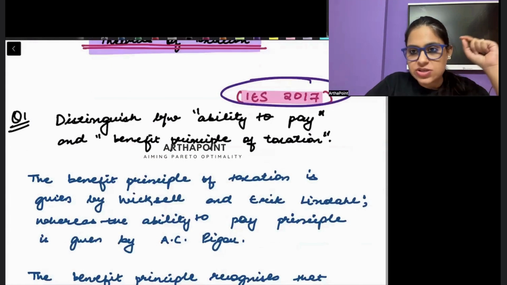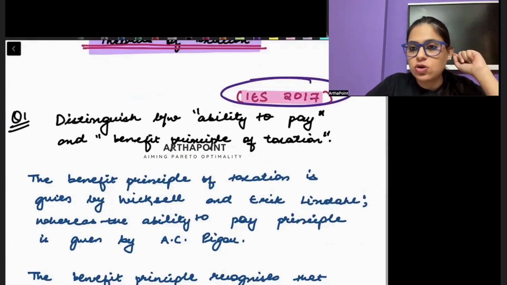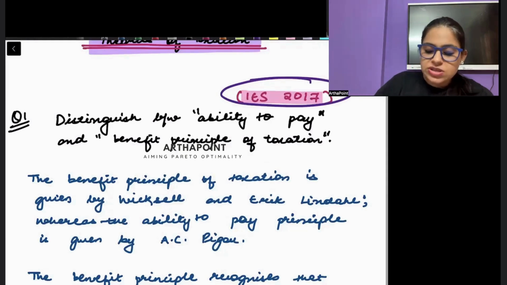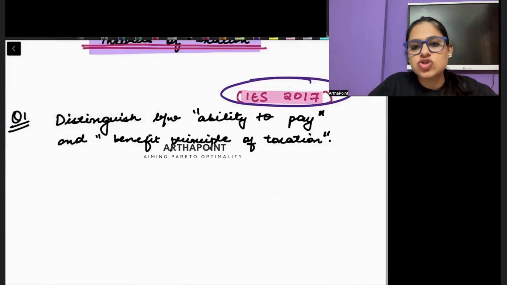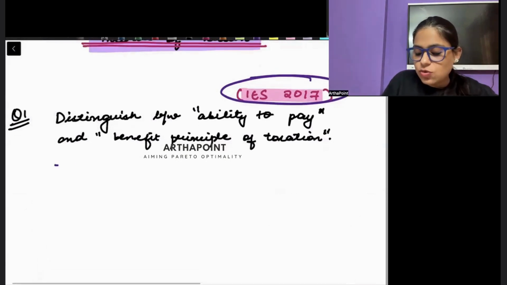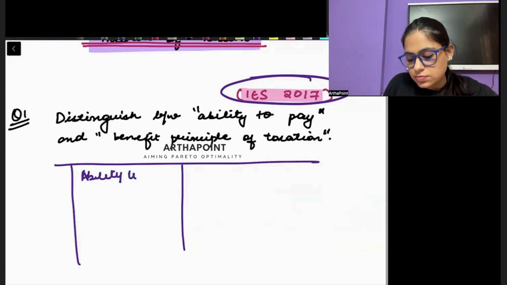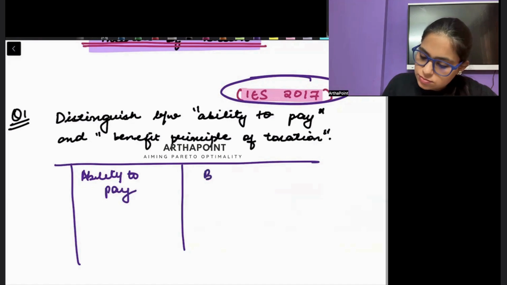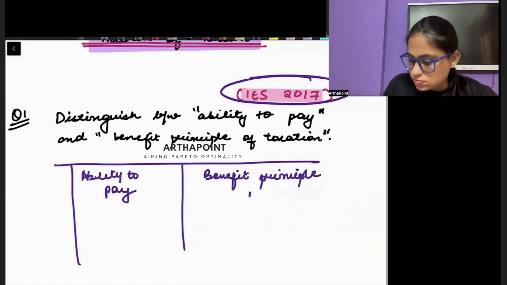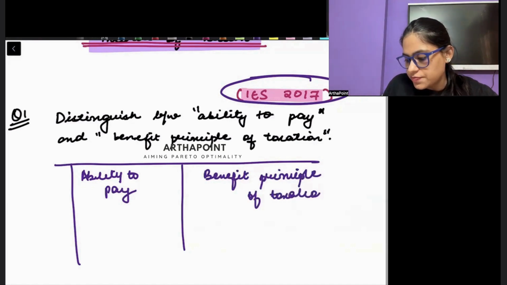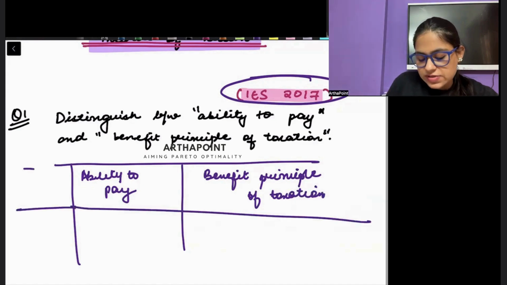Now, there are two ways to approach this kind of question, whichever talks about distinguish between. Many students prefer that whenever such theoretical questions are asked in the exam, they make a table with 3 columns. They will say ability to pay and benefit principle, and then reason for differentiation.